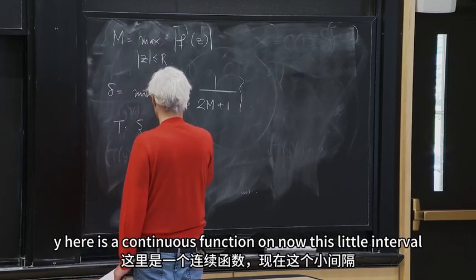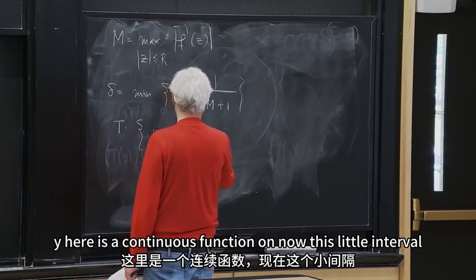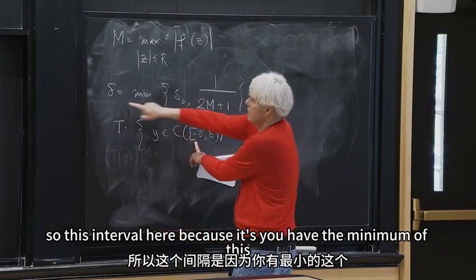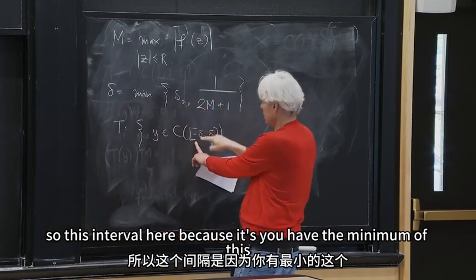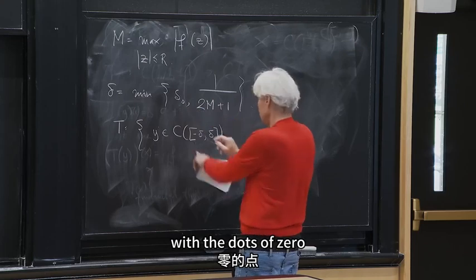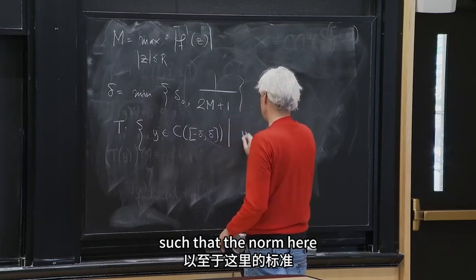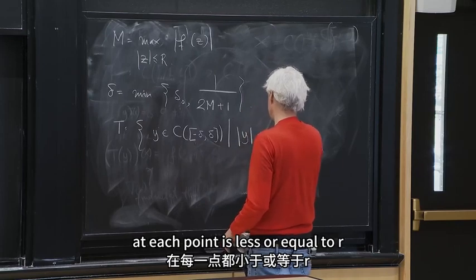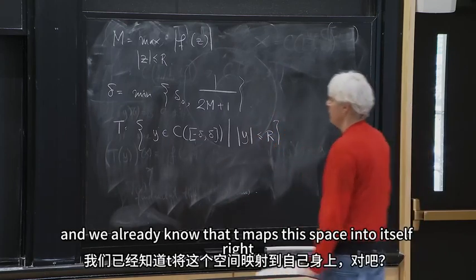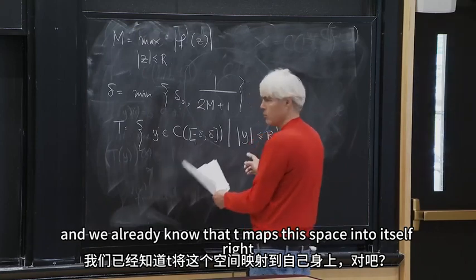So y here is a continuous function on now this little interval. This interval is contained in the corresponding interval with the delta 0. So it's y in this space such that the norm at each point is less or equal to r. That's the space I'm going to look at.